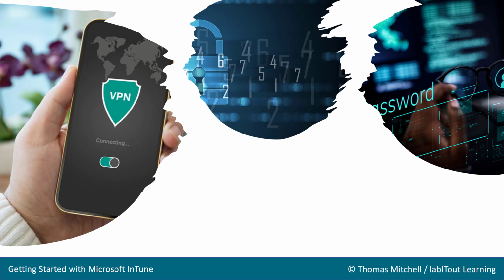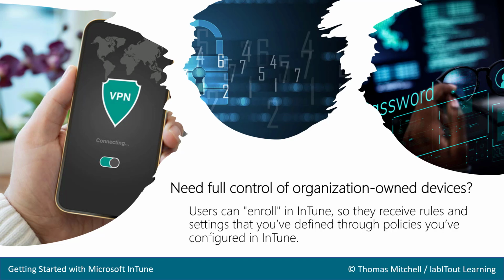For example, you may want full control of organization-owned devices, including settings, features, and security. In these cases, the devices and the users of these devices can enroll in Intune. This causes them to receive the rules and settings that you've defined through policies that you've configured in Intune.